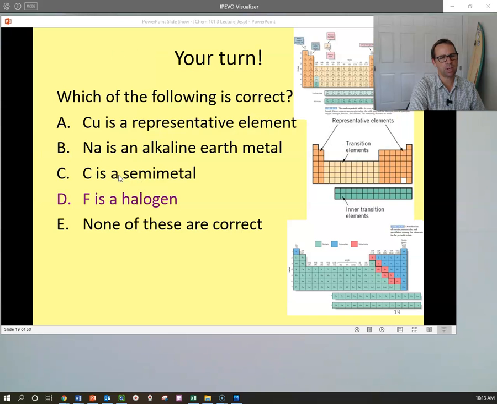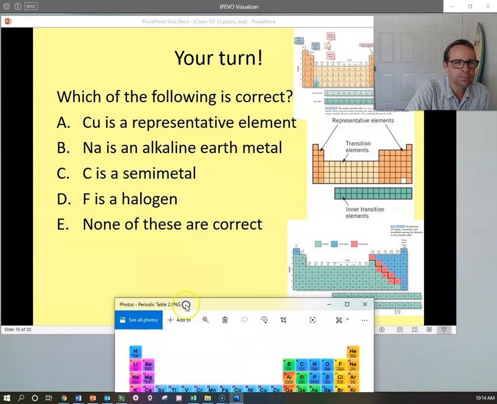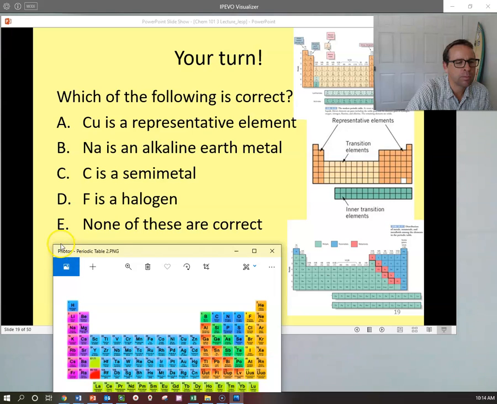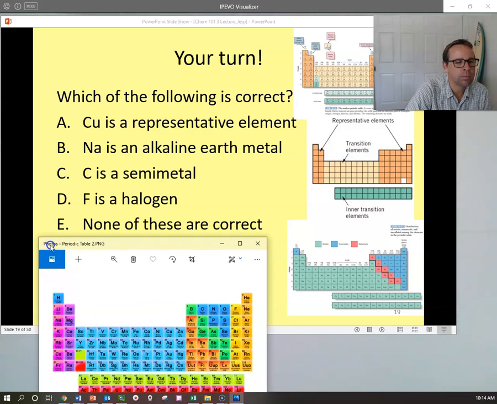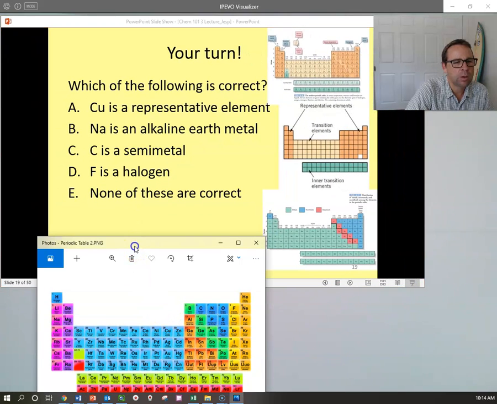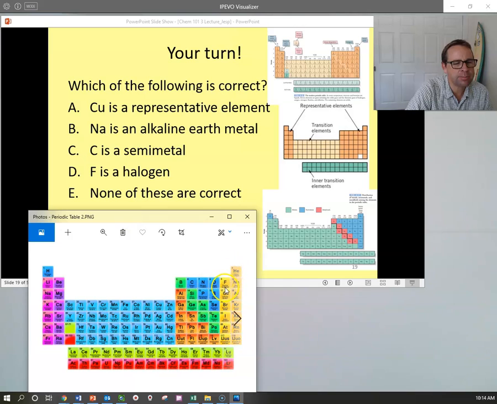Now we can better answer this question. Did you see the answer? No. Good. So, which of the following is correct? Where's F? I think it's number 9. F isn't right?